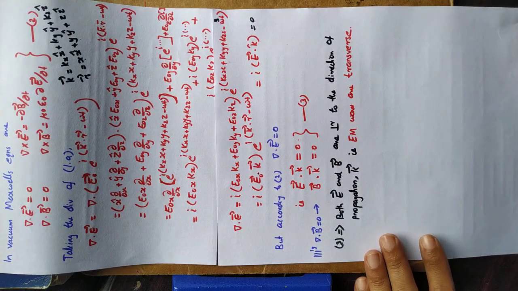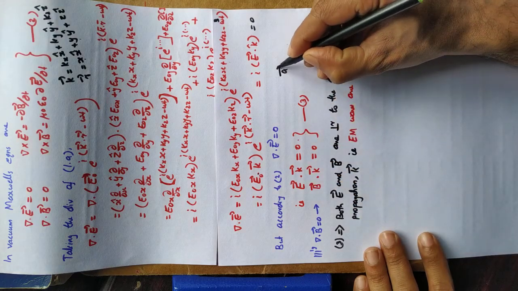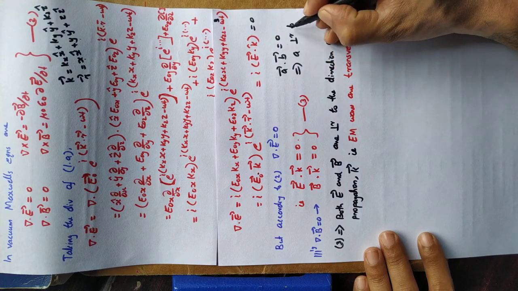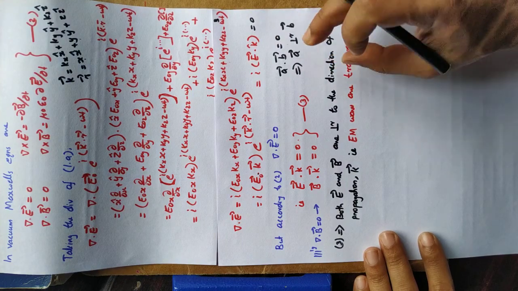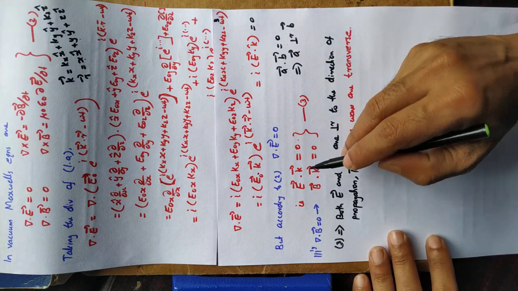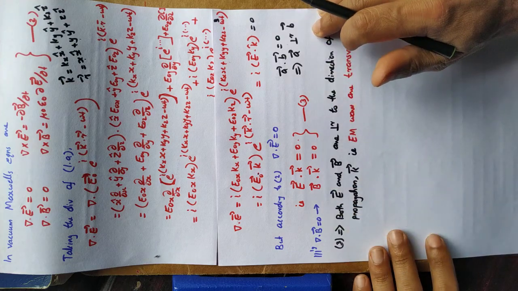So what is the meaning of this set of equations? Equation 3. If A dot B is equal to 0, A dot B is equal to 0 implies A is perpendicular to B. Vectors A and B are perpendicular, or the angle between them is 90 degrees. And what is k? k is the direction of propagation, arbitrary direction of propagation.